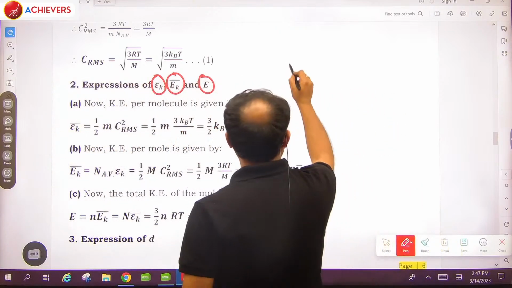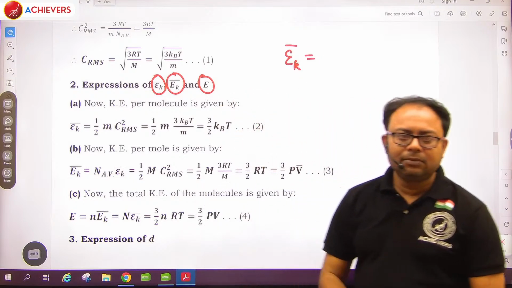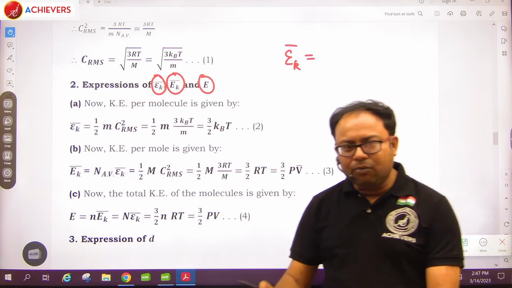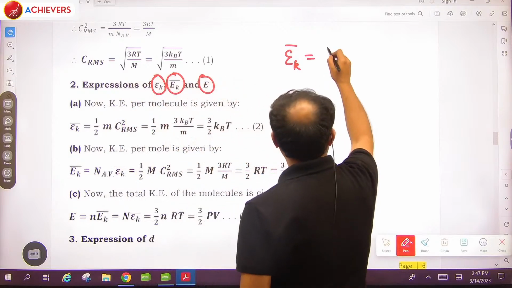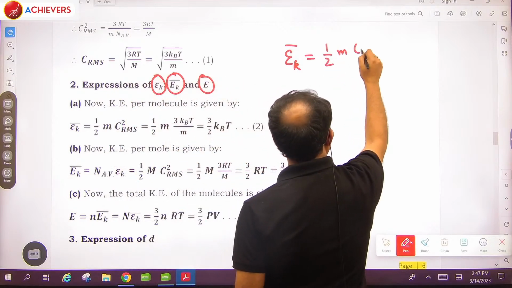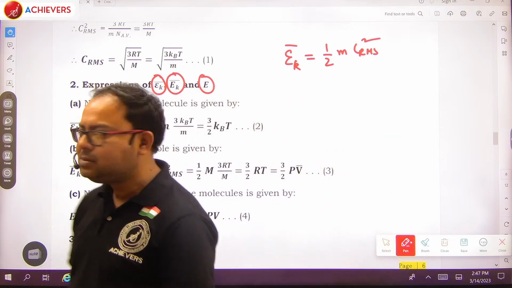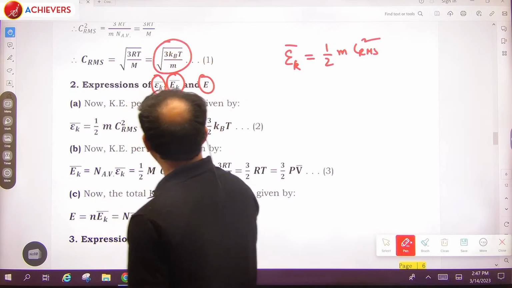So how can we calculate epsilon k bar? Kinetic energy is nothing but half into mass into speed square. So half m CRMS square. As simple as that. And what is CRMS? CRMS is root 3 kBT by m.